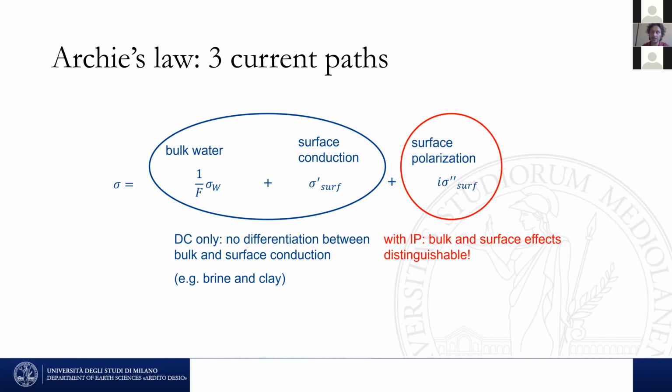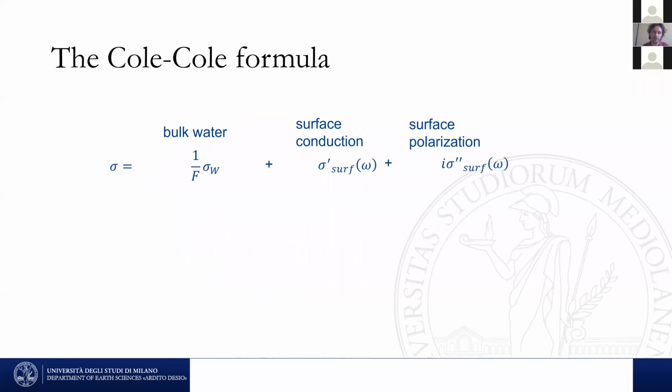And with IP, it is then possible to distinguish between bulk conduction and surface conduction. And this can be really helpful, for instance, for lithological discrimination, or as we will see also for estimation of hydraulic conductivity.